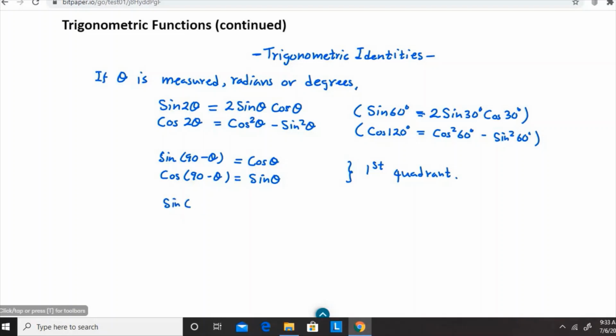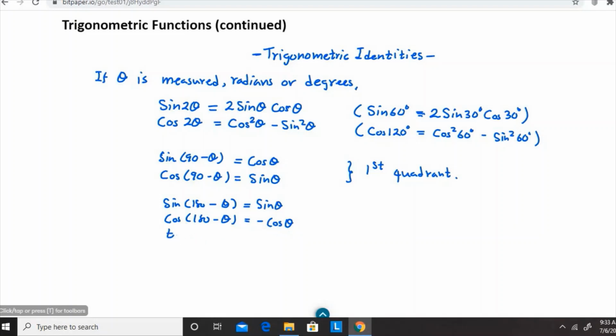The third set of identities that I want to discuss are these. Sine 180 degrees minus theta equals sine theta. Then cosine 180 degrees minus theta equals minus cosine theta. So keep in mind the sign change, okay? Minus cosine theta.